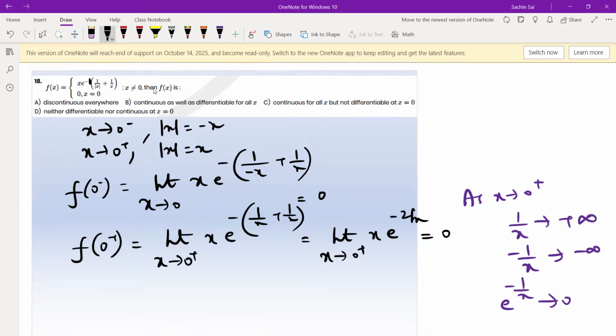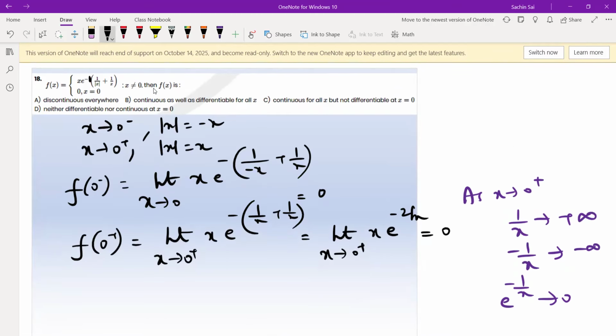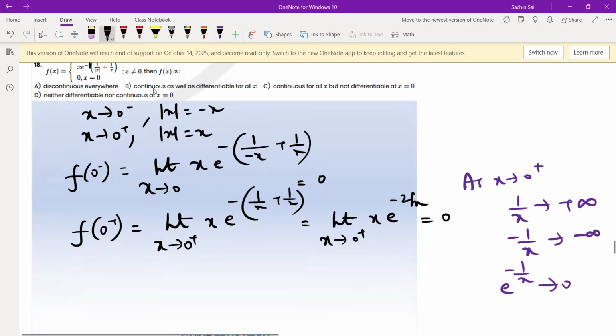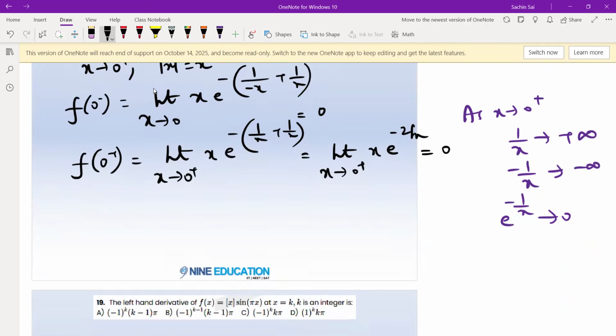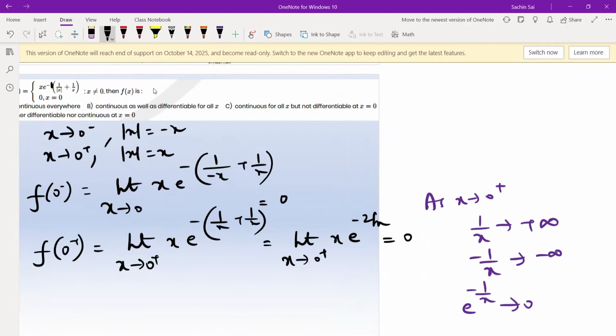Now to check for differentiability, you have to calculate the left derivative and the right derivative and check whether the function is differentiable, right? So here, how do we calculate the left derivative? If you remember, in one of the earlier questions, we had directly differentiated the function itself.